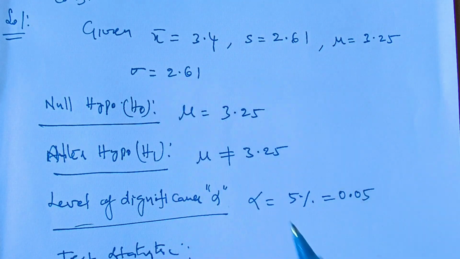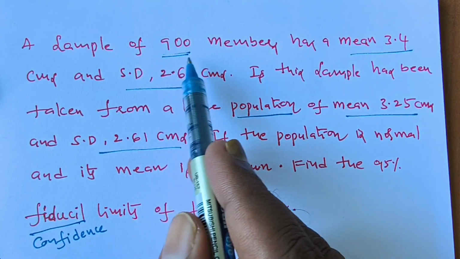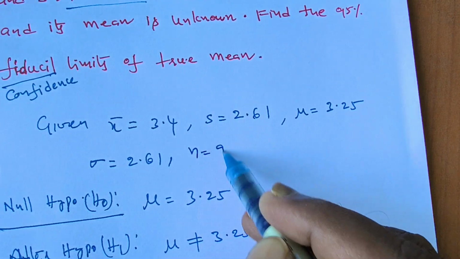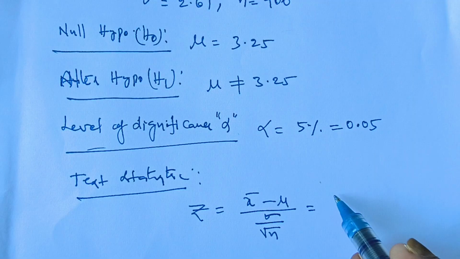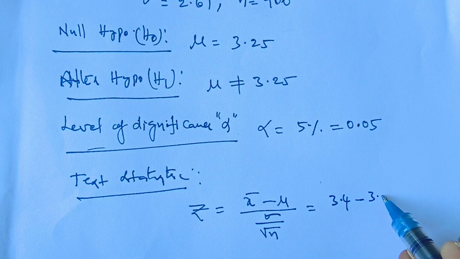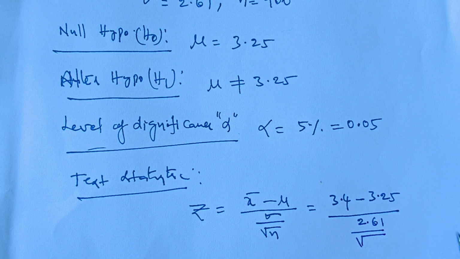Mu equals 3.25. Sigma equals 2.61. Whereas n is also given, sample of 900 members. So sample size is large, n equals 900. So substitute required values: 3.4 minus 3.25 by sigma 2.61 by root over 900. n value is 900.